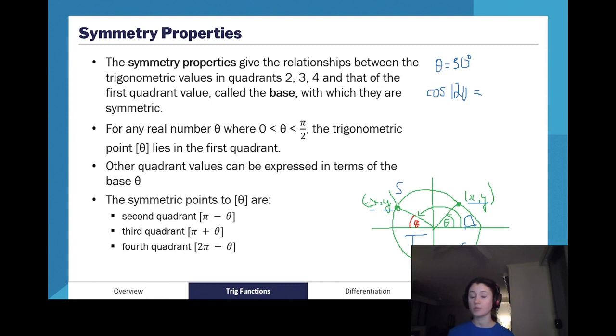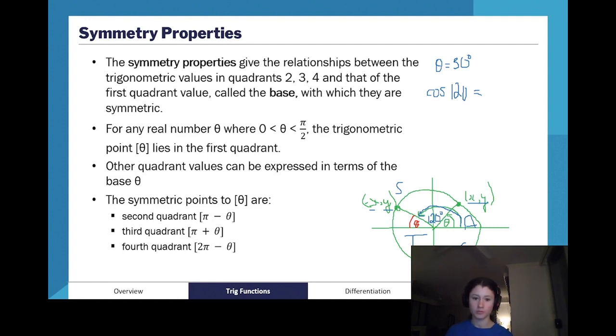But what you actually need to do is think about whether you can use these symmetry properties. So, we know that our two angles here are going to be symmetric, right? If our two thetas are both 30 degrees, then this angle is going to be 120.